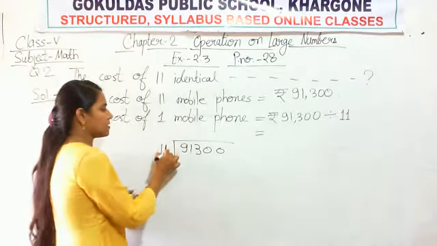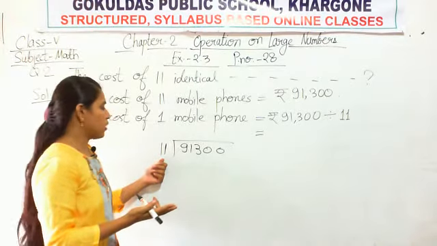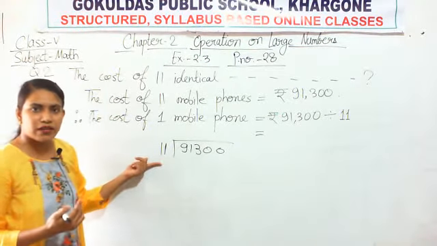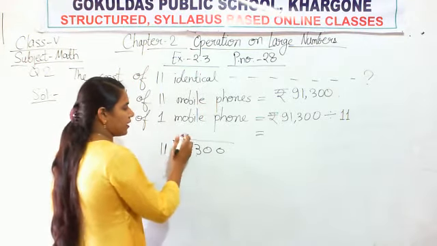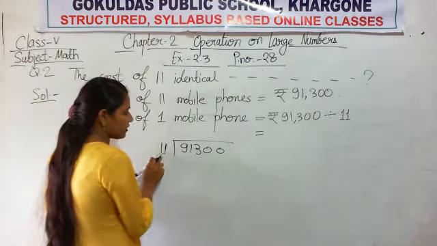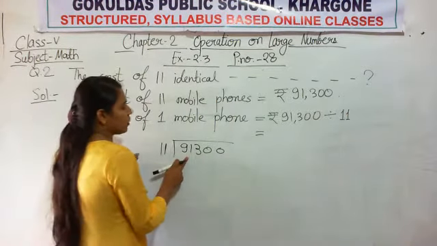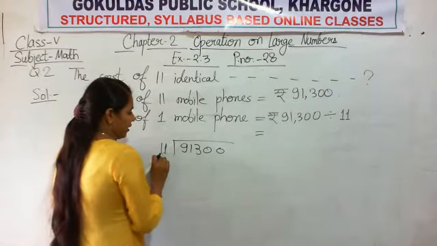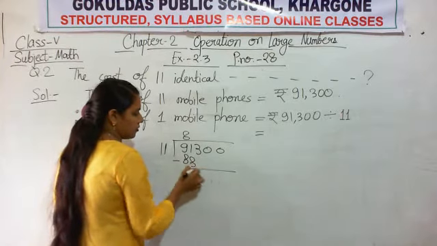Now, as our divisor is 11, I will require the table of 11, right? So now I am dividing it. I will take the first 2 digits as the number of digits in the divisor is 2. So now I am starting dividing. 11 8s are 88, minus.